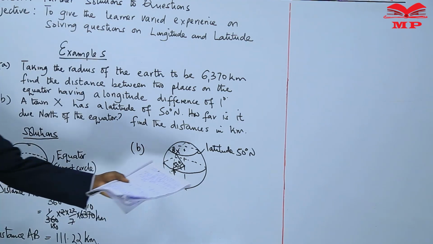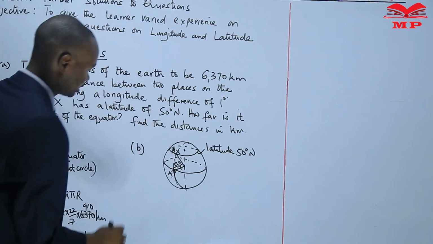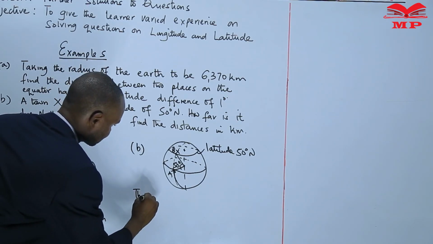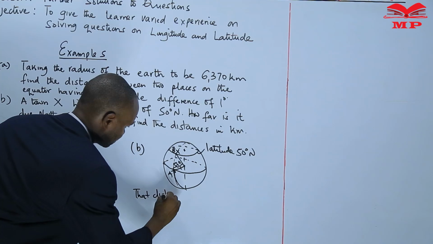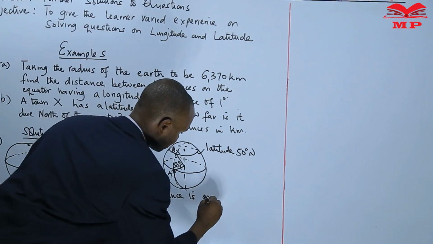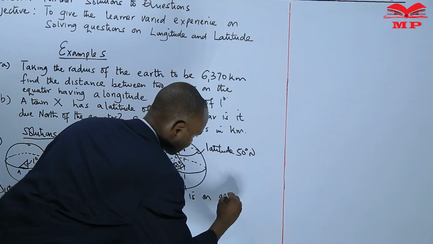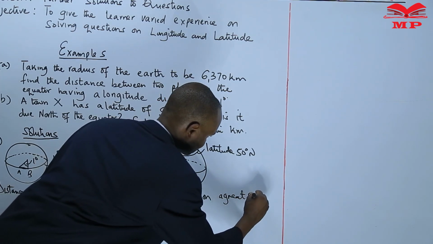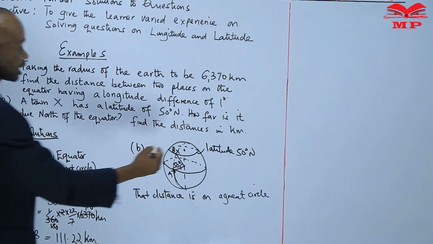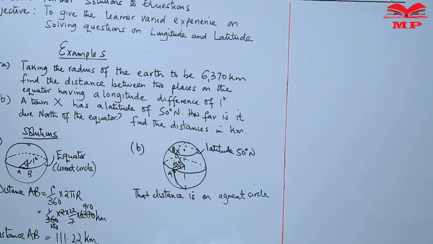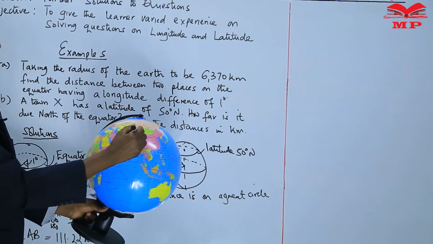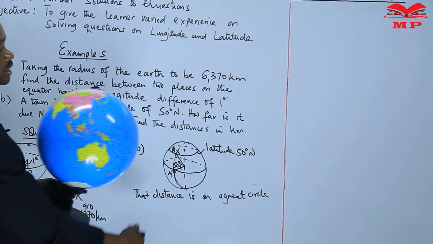Distance from the equator to the town, AB. First of all, say that distance is on a great circle, because it is on a longitude. All these are great circles.